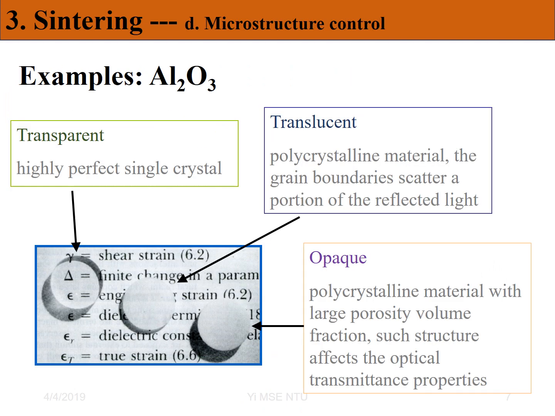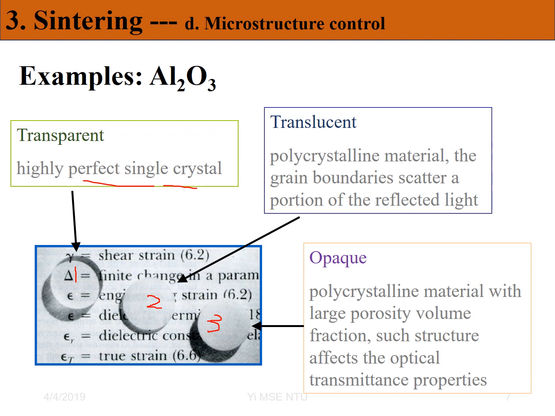I give you this as a last example. You can see the first one, a nominal, and the second one, and the third one. All of them are alumina, but the first one is a perfect single crystal, which means it has a very large grain size, just one grain, am I right? And also no pores. That's why it becomes very transparent.